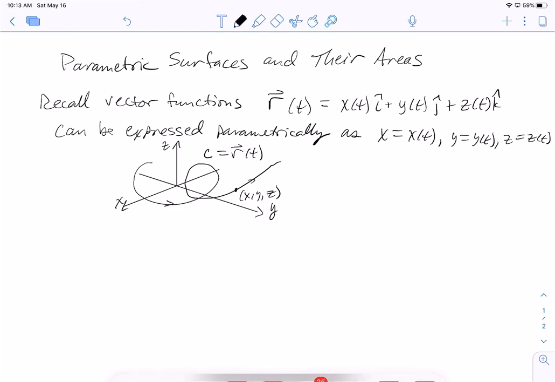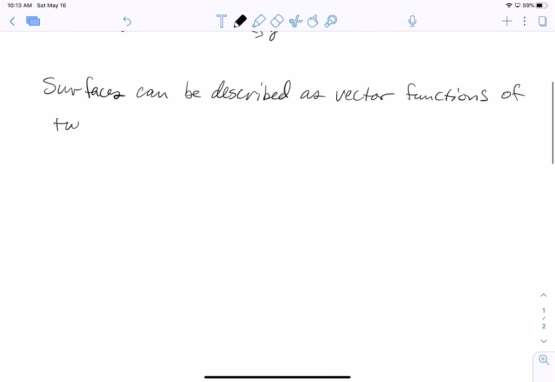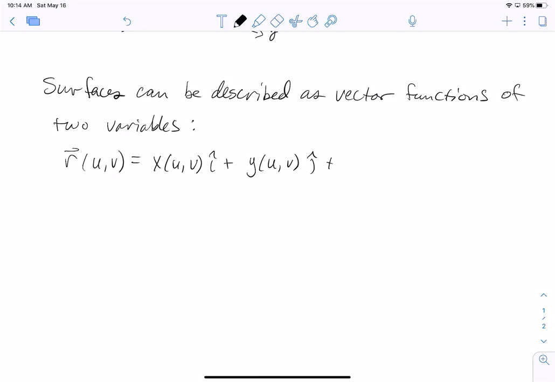With that in mind, surfaces can be described as vector functions of two variables, and we write r of u,v is equal to x of u,v i plus y of u,v j plus z of u,v k.